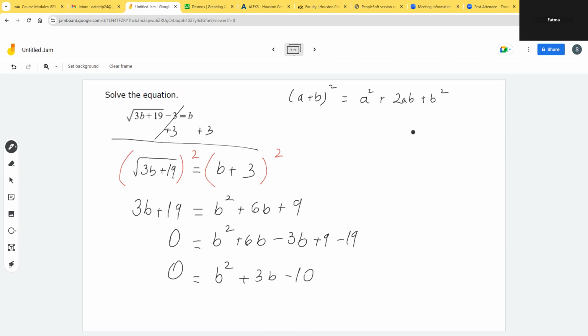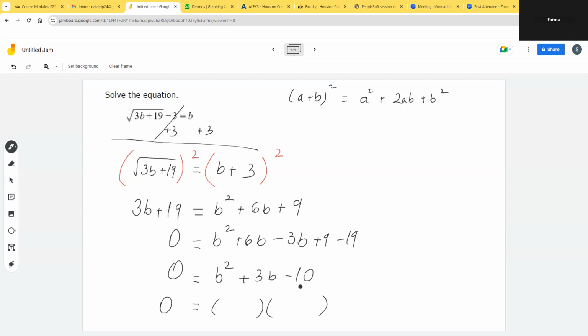Although we can solve it with quadratic formula, what's the smarter way here? Use factoring. Can you guys find these two magic numbers that we need here? We have a negative 10.